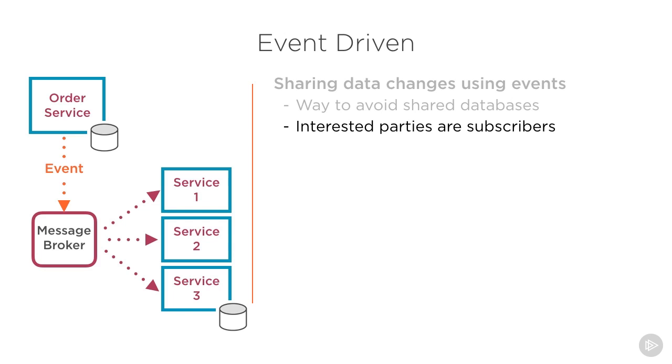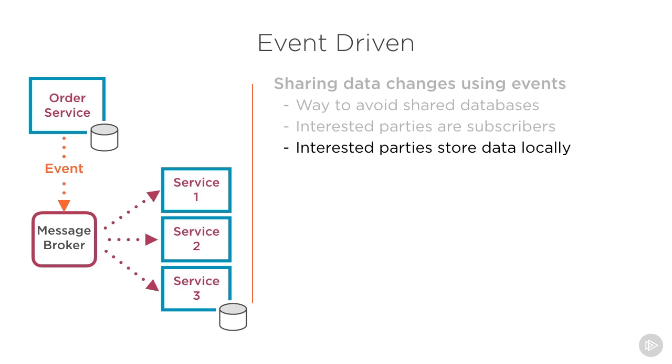And the data change is raised as an event to a place where interested parties can basically subscribe to that event. And the interested parties will pick up that data change as an event and might choose to store that data change as local data into the local data store, or they might carry out a task in response to that event.